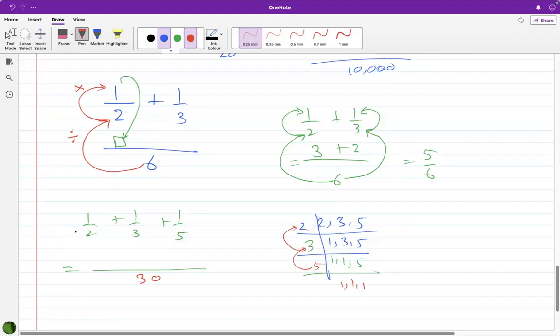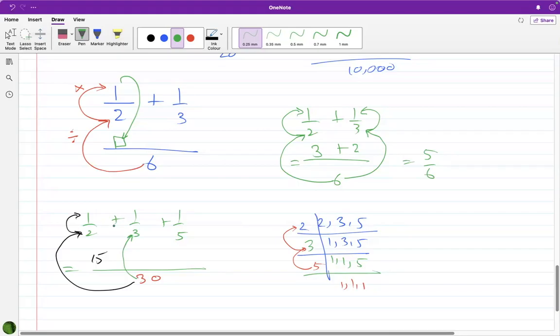Okay. Very good. 30 divided by 2 is 15. 15 1 times is 15. 30 divided by 3 is 10. 10 1 times is 10.